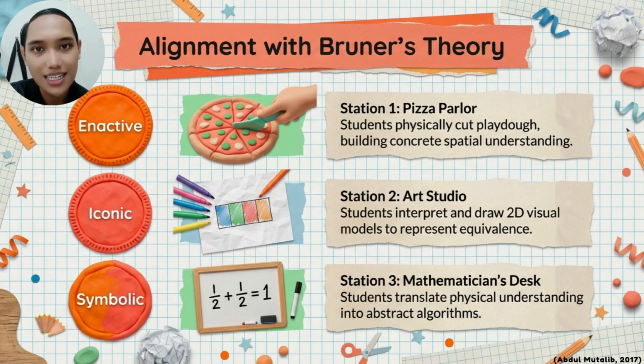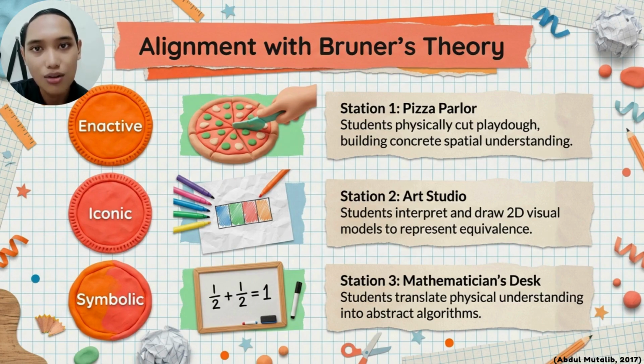Finally, the symbolic stage at station 3. Once pupils have understood fractions concretely and visually, they move to abstract symbols and equations. Here, they discover for themselves the rule of multiplying or dividing the numerator and denominator to find equivalent fractions.